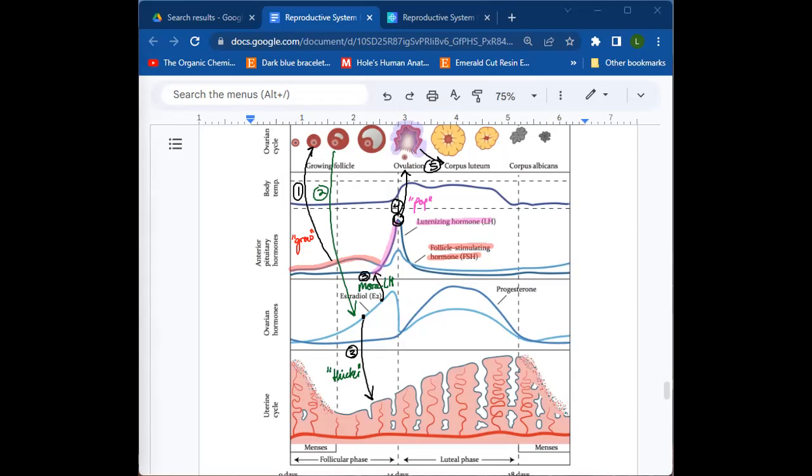Okay. The corpus luteum, we need to know that that is now going to make a huge amount of progesterone and then a little estrogen, but not that much.